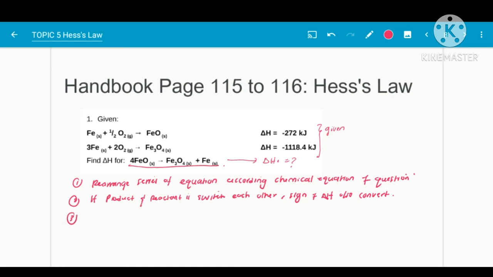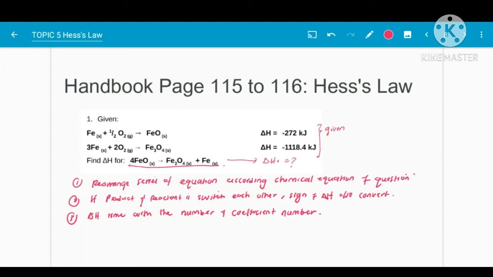Number 3, the enthalpy change is multiplied by the coefficient number.